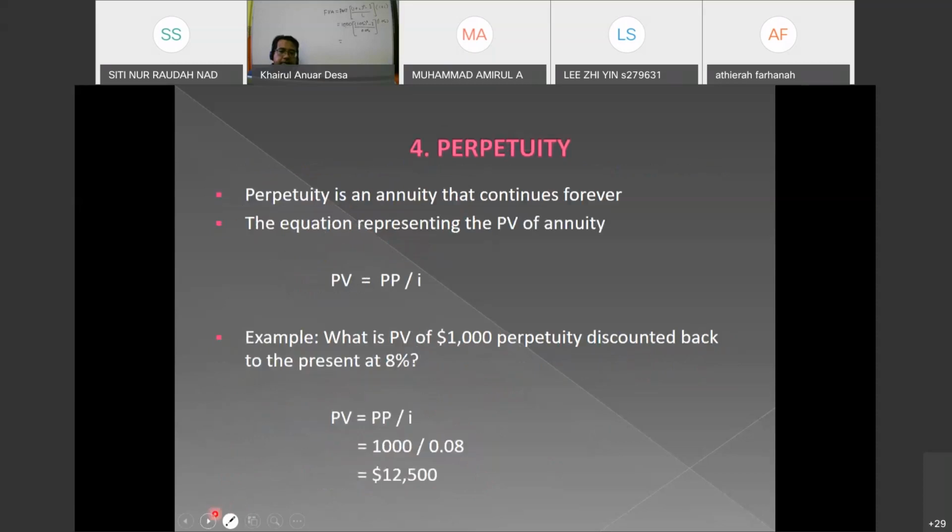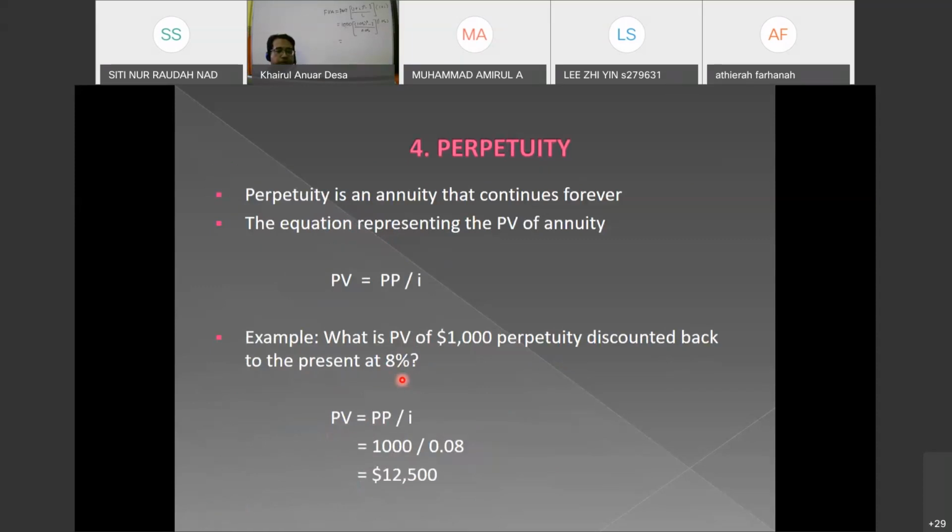Okay, boleh kita sambung? Okay, the last one is perpetuity. Apa maksud perpetuity? Perpetuity is an annuity that continues forever.